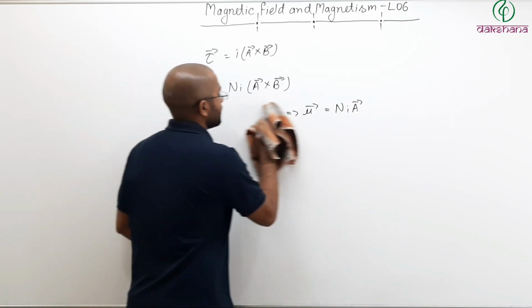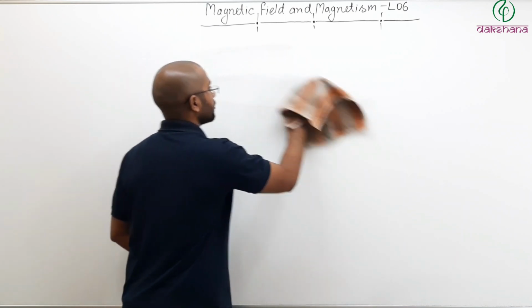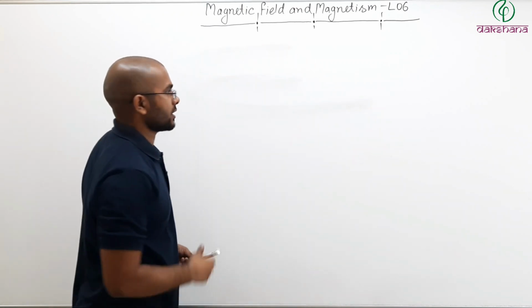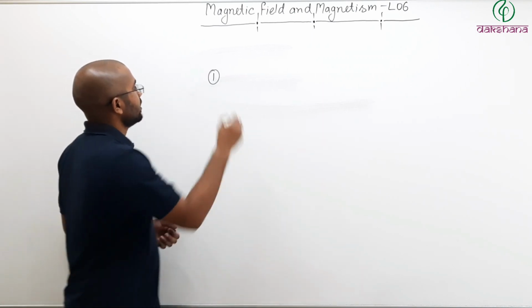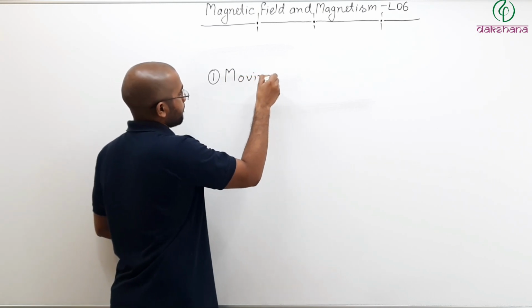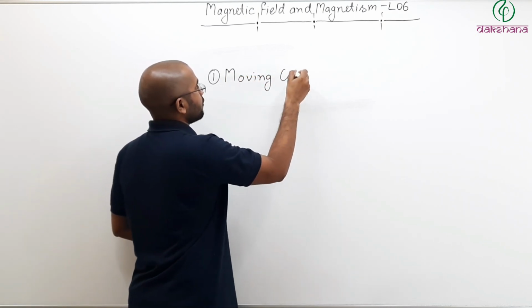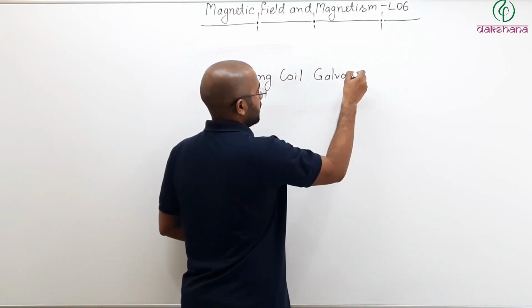First let us list out the topics which we are going to cover in today's lecture. The first topic is something called the moving coil galvanometer. What is a galvanometer? We will discuss in detail.